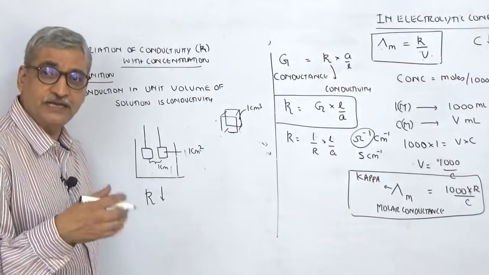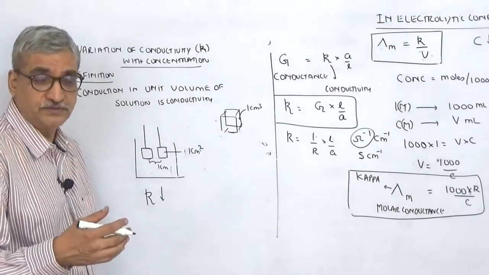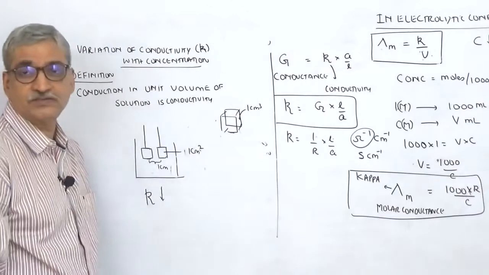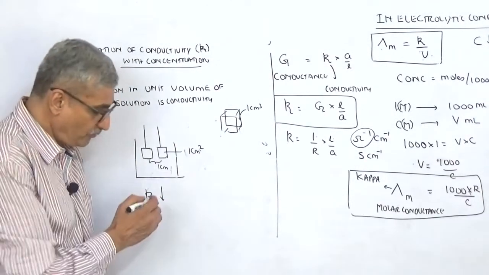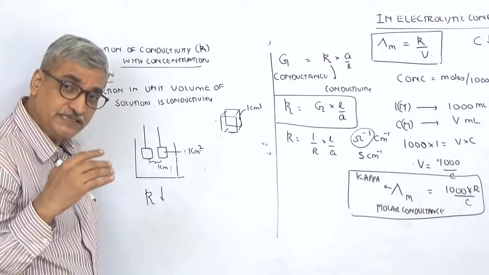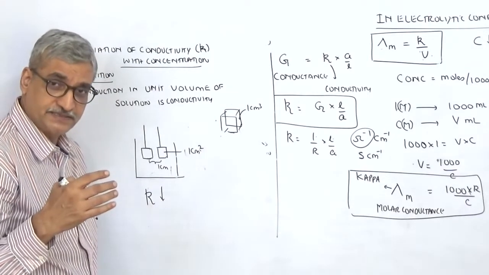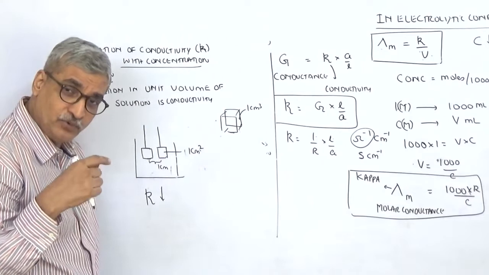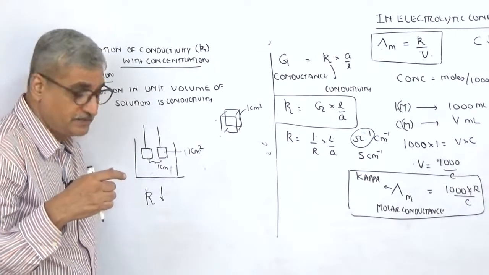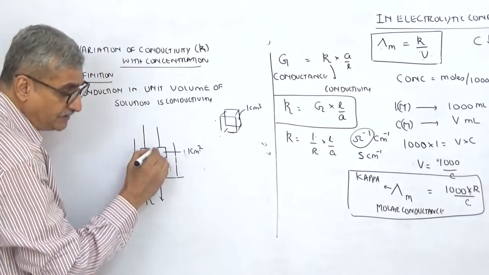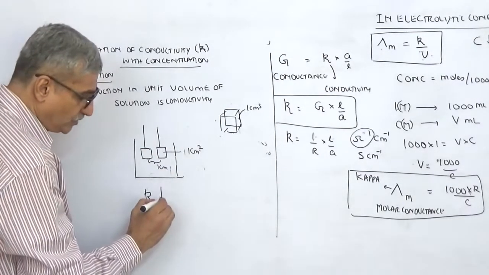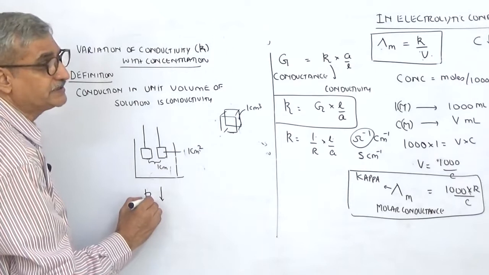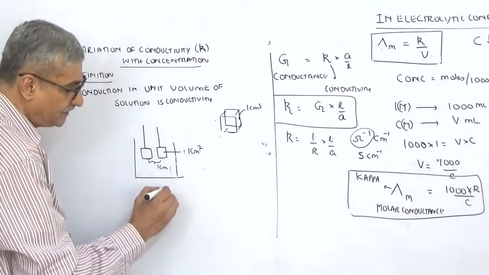As you dilute, as you add more volume, look at the contradiction that you will come across. And this is a question which they ask. What happens as the concentration decreases? That means you are adding more and more water. The number of ions present in this unit volume decreases. So conductivity decreases. Is this clear?